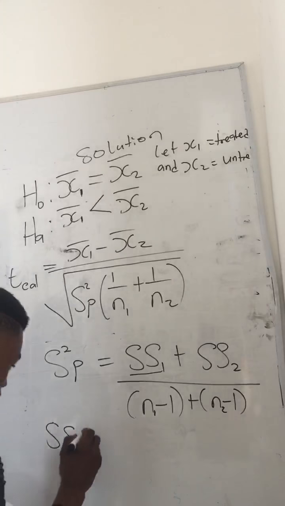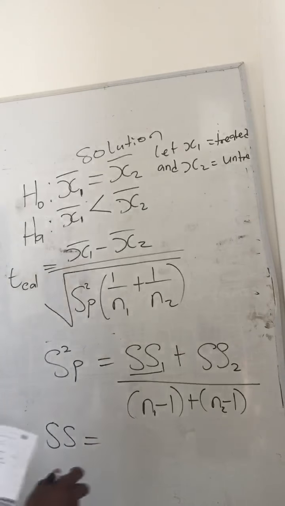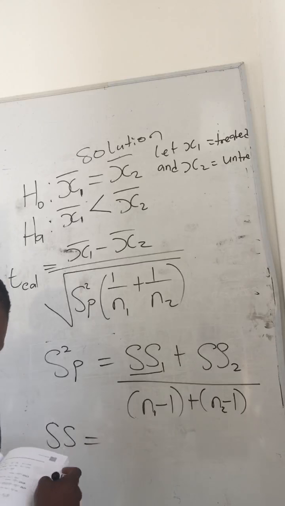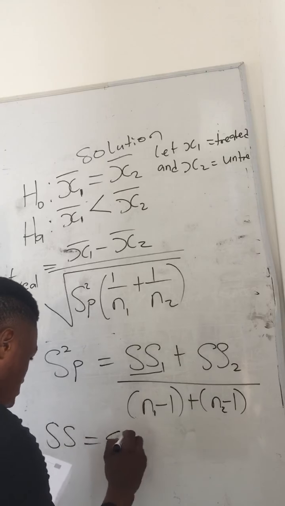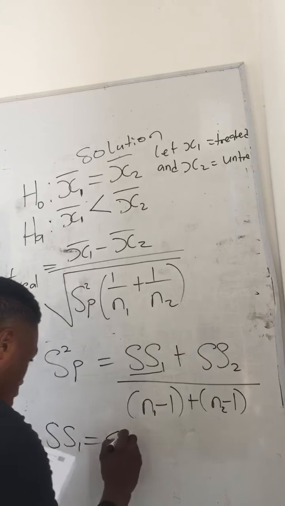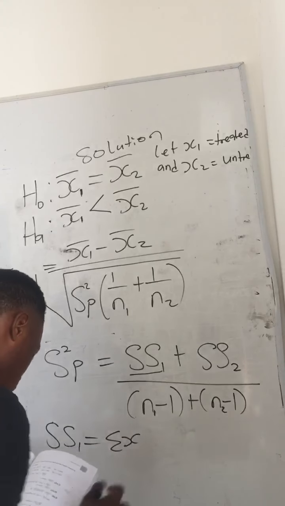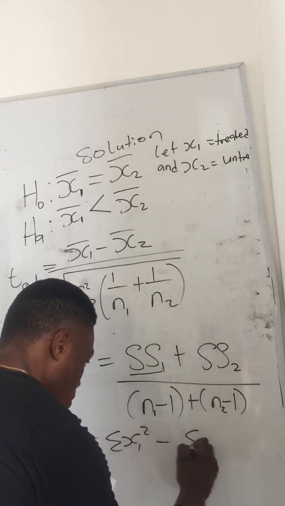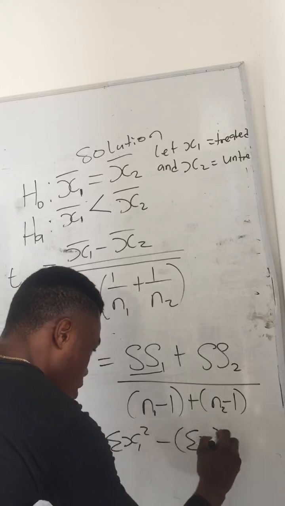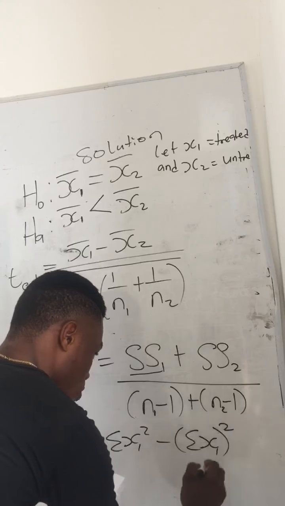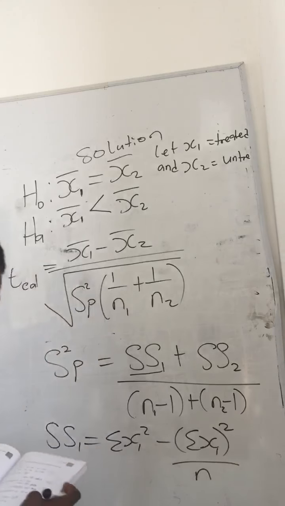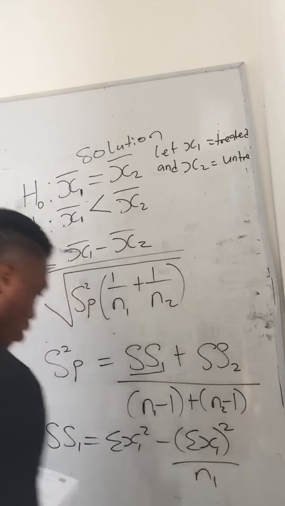Now, the sum of squares is given by summation. The sum of squares 1 is the summation of x1 squared minus the summation of x1, all squared, divided by n1.